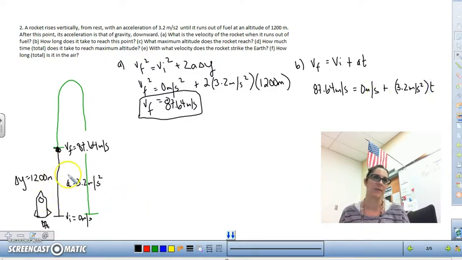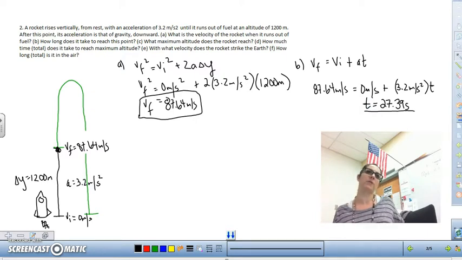Even though gravity is acting on it, this acceleration takes it into account, so ignore gravity for that. When we do, we get time equal to 27.39 seconds, a pretty long time. For about 30 seconds this thing is accelerating.